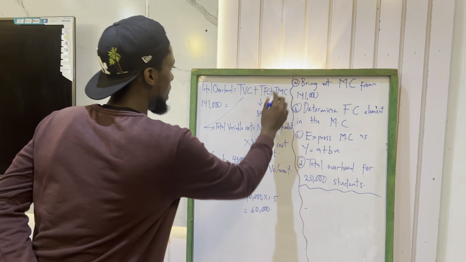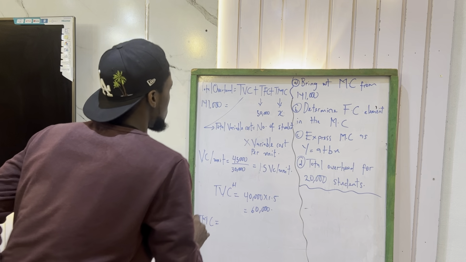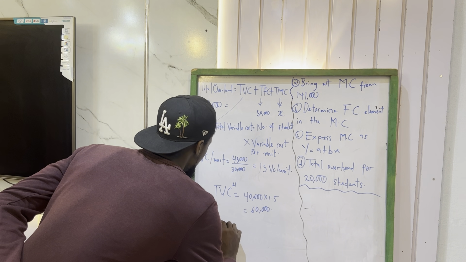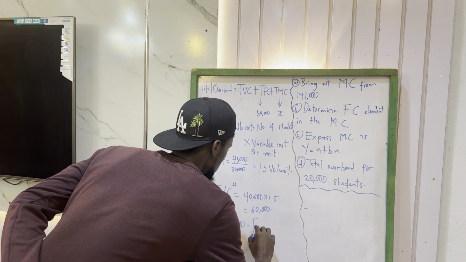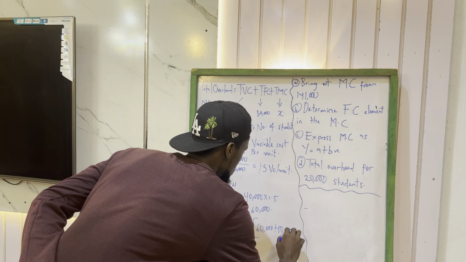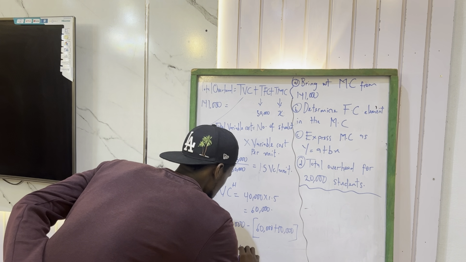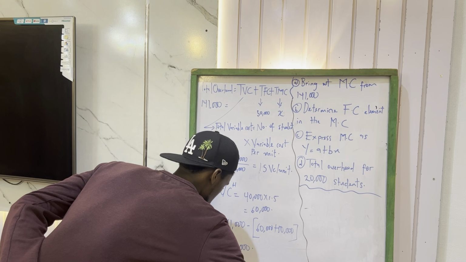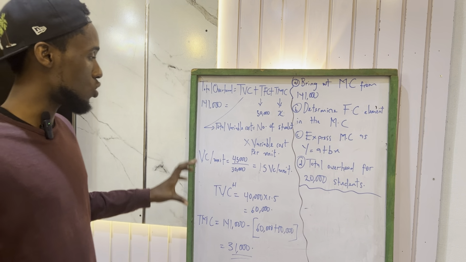So our TMC therefore would be, of course, 141,000 minus, in brackets, 60,000 plus 50,000, which will be giving us 31,000.